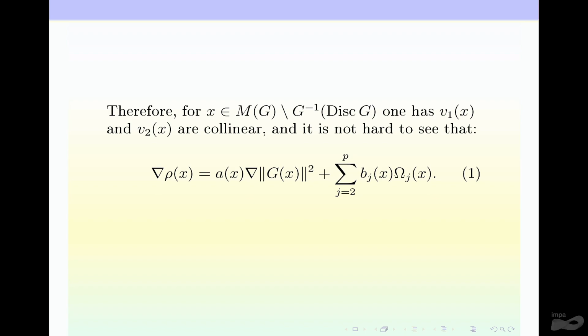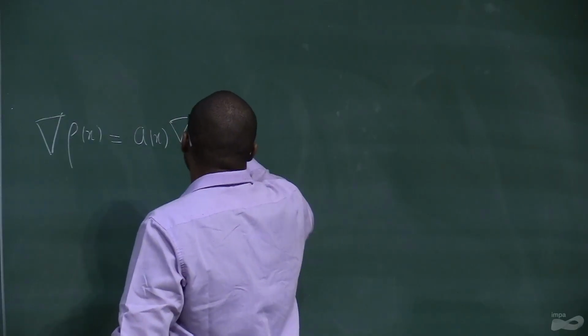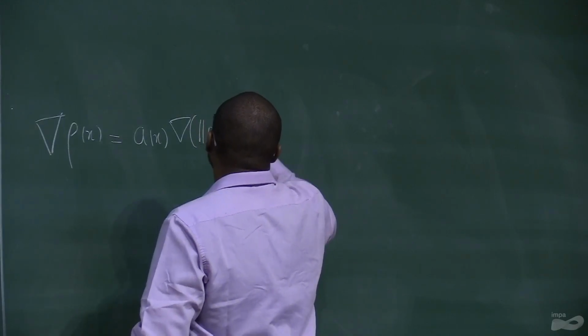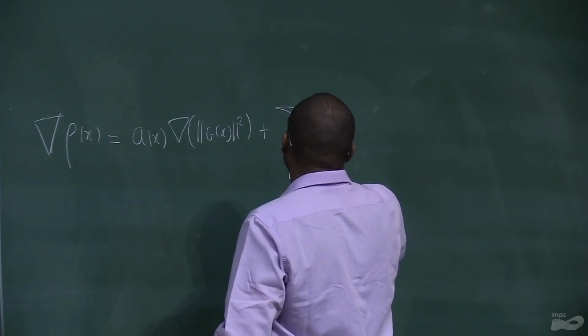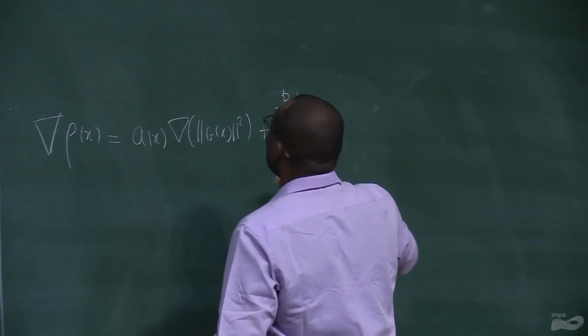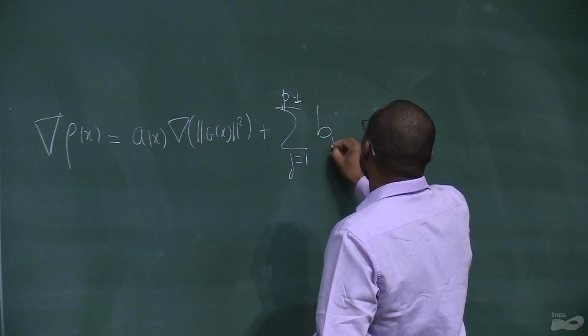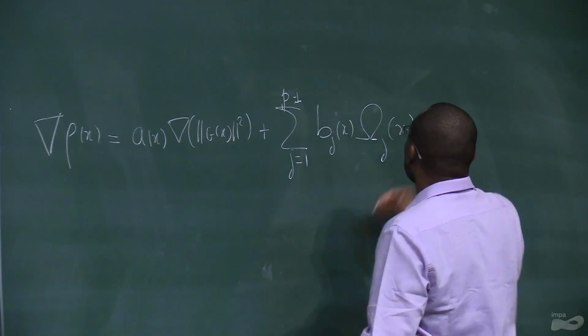So you have such a sum from 1 to p minus 1 of bjx omega j x.